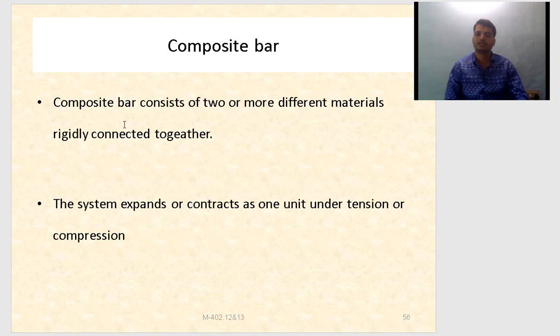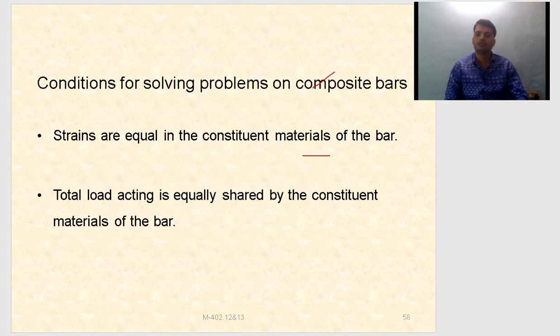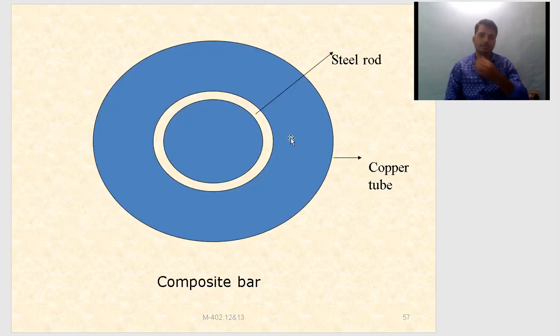Composite sections consist of two or more different materials rigidly connected together. This is steel rod 1, and steel rod 2 or copper rod 2, for different materials and different cross sections. Composite means two or more materials. Initially we used only one copper rod or one mild steel rod. Now this is a composite, a combination of two materials.